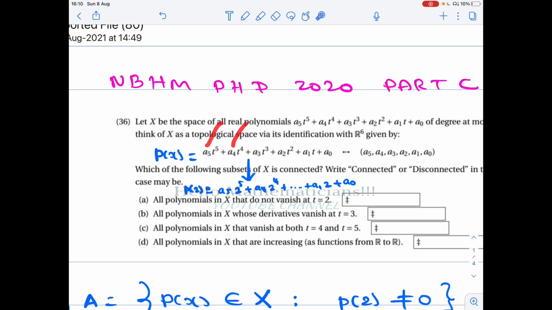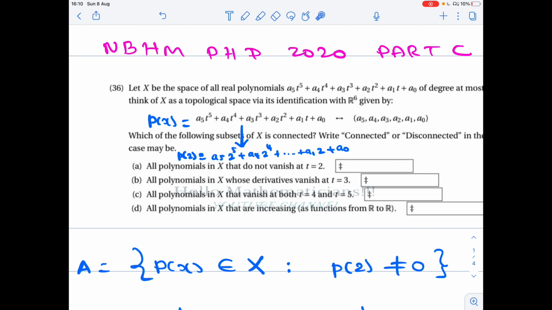Similarly, if you map this polynomial to the other coefficients, that is also a continuous function. Now look at t power 5, t power 4, t cube, t square, t; they are all polynomials, so maybe I should write p of t. We are evaluating at 2 those polynomials, so they will also be continuous. The projection to coordinates is continuous, and evaluating these is also continuous.